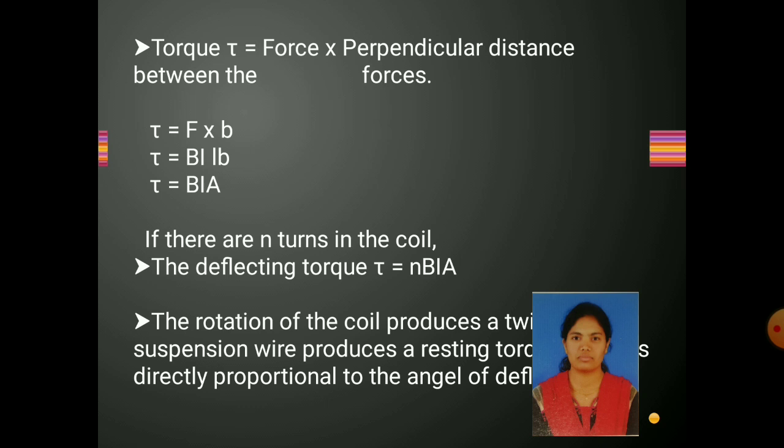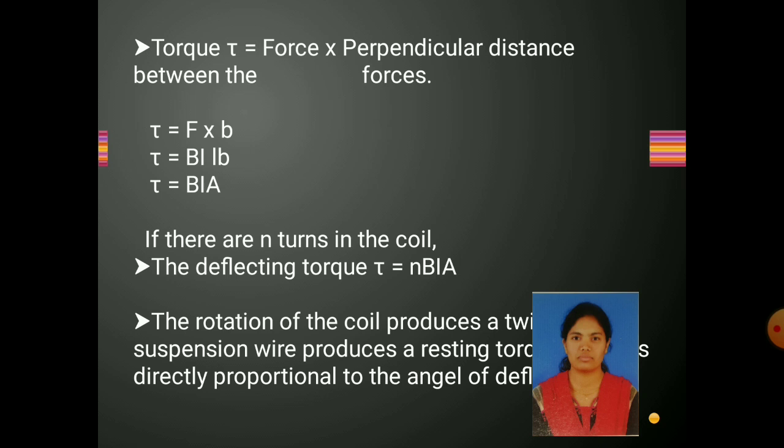If there are N number of turns in the coil, the torque produced is NBIA, where N is the number of turns, B is the strength of the magnetic field, I is the current flowing through the coil, and A is the area of the rectangular coil.